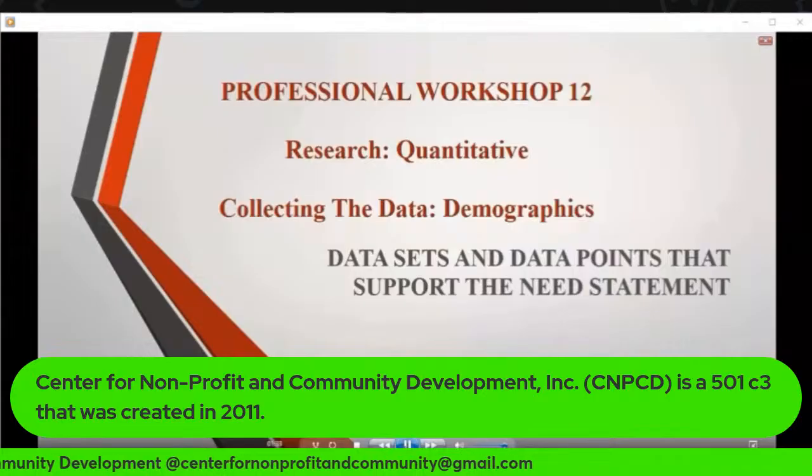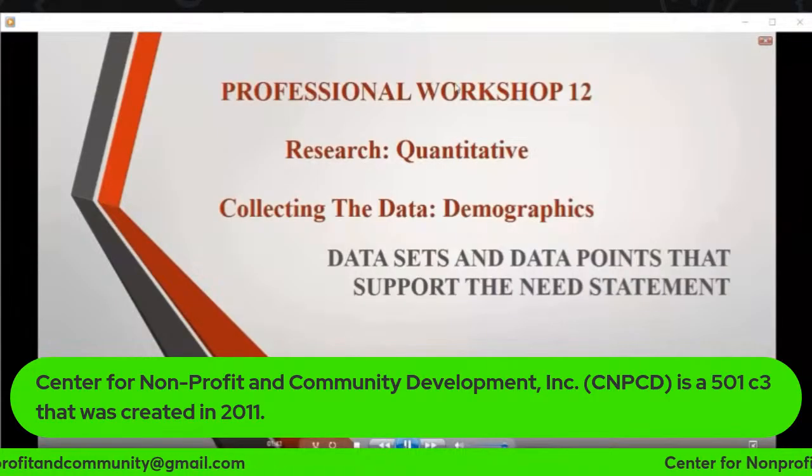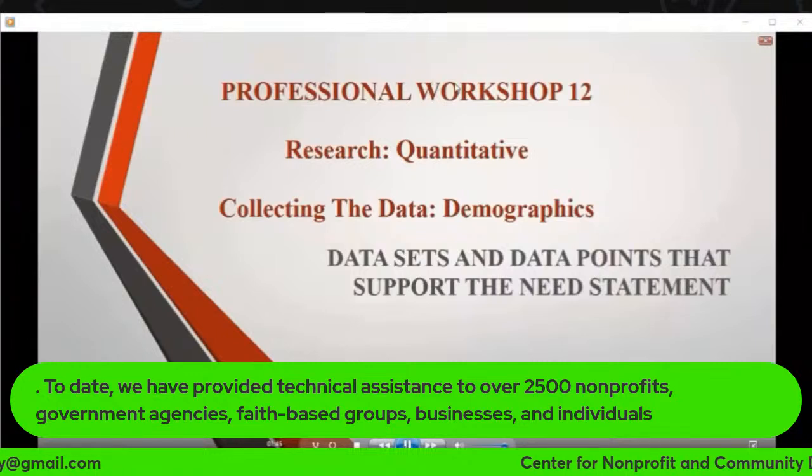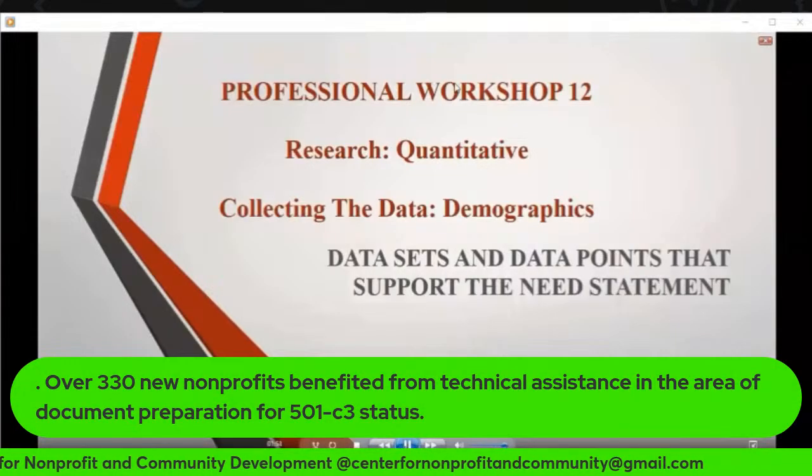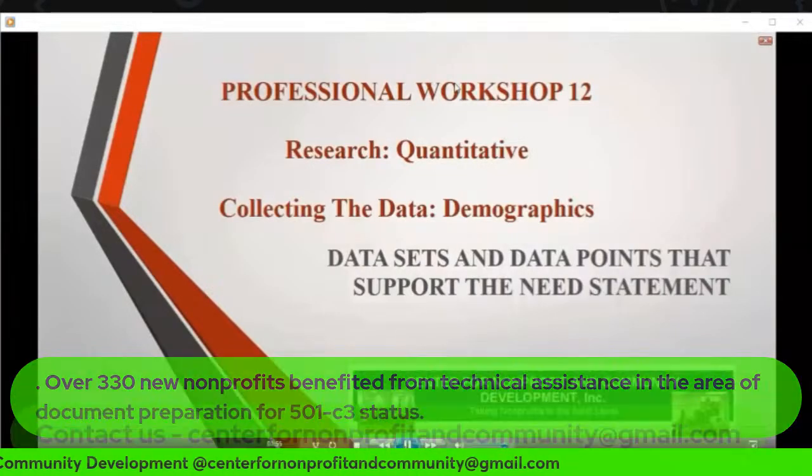We're going to be looking at 7, maybe 8 different websites where we can gather different types of information in order to support the claim that there is a problem.